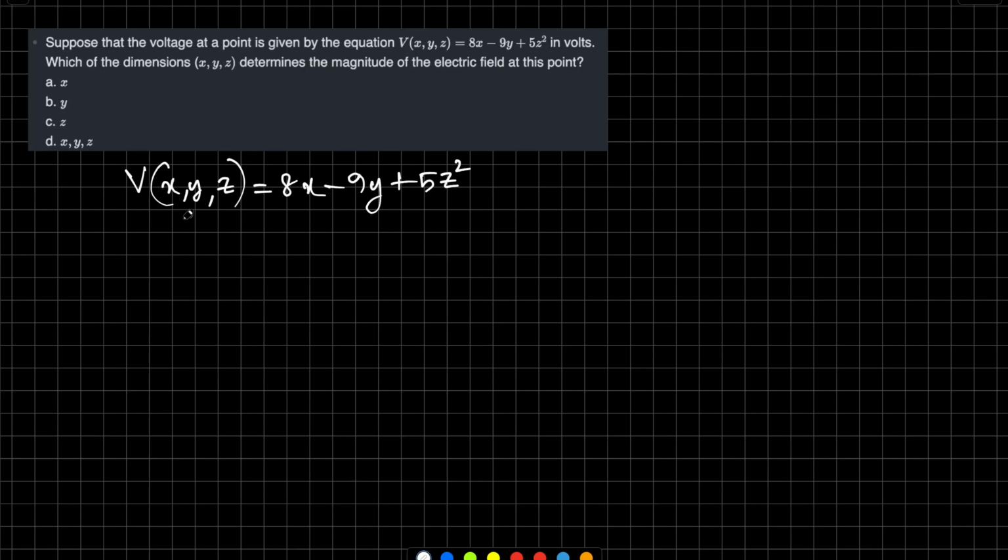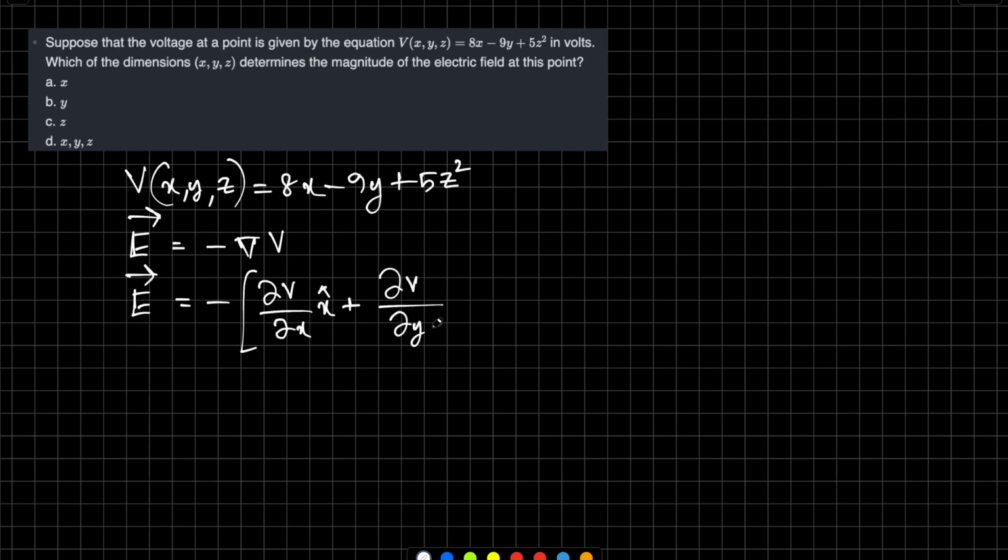We need to find the magnitude of the electric field. To find the electric field function or electric field vector, this is the equation, minus del V. If you expand it, you'll get minus of dou V over dou x, x cap, plus dou V over dou y, y cap, plus dou V over dou z, z cap.